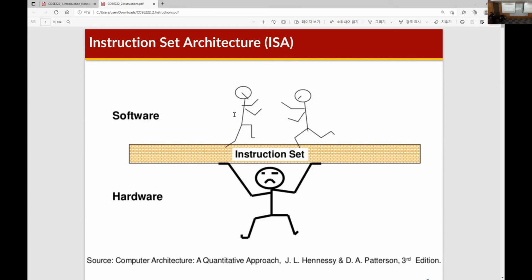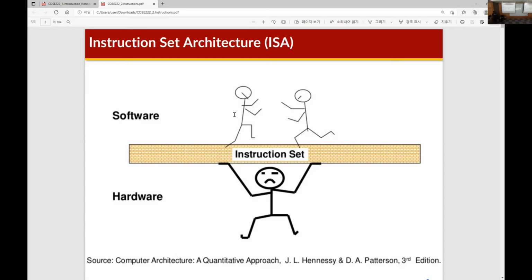This figure shows the hardware, and above the hardware there is a wide plane of the instruction set, and above this instruction set plane, the software people are playing. The hardware supports the instruction set and the software people.